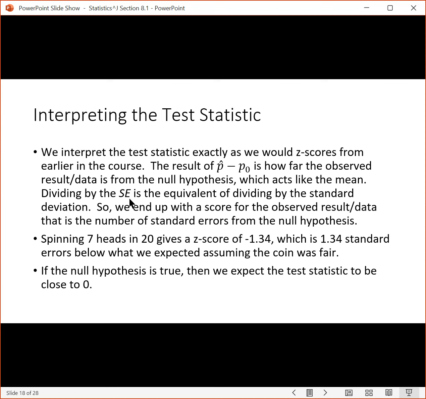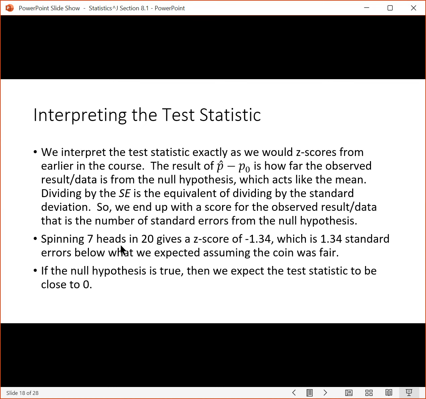And that's where the standard error comes in. So we divide by the standard error. It's the same idea as dividing by the standard deviation. When you do that, you take the distance between your expectations and your actual result, divide by how much distance there usually is between them, and we can come up with a score for the observed result in terms of the number of standard errors away from the null hypothesis.